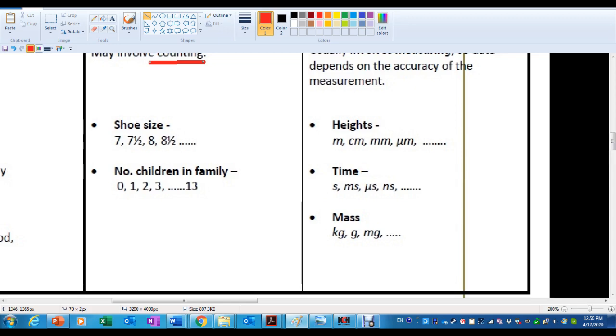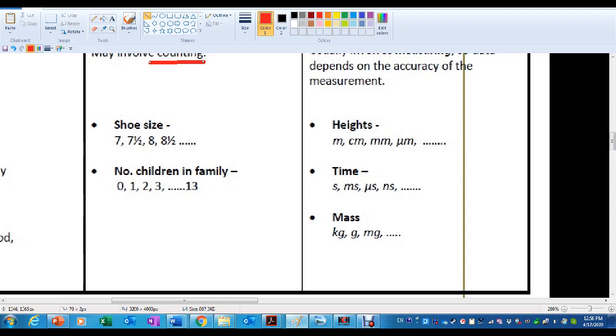You have to choose whether you would like 7 or 7.5. So these data are distinct because there are a limited number of sizes to select, and there's no other sizes between two available sizes.